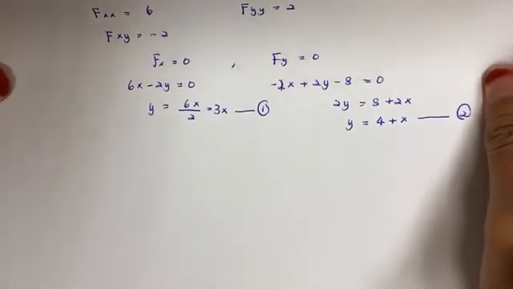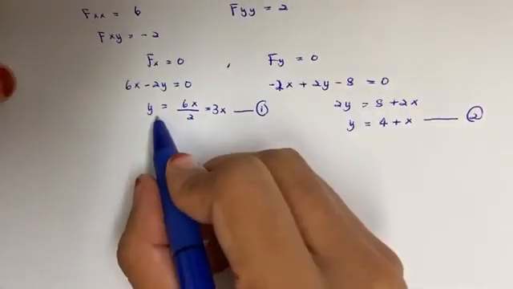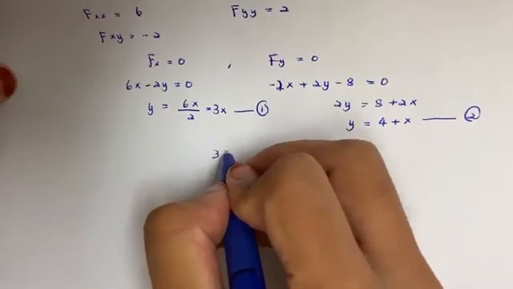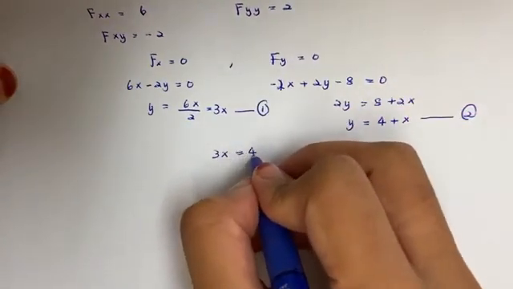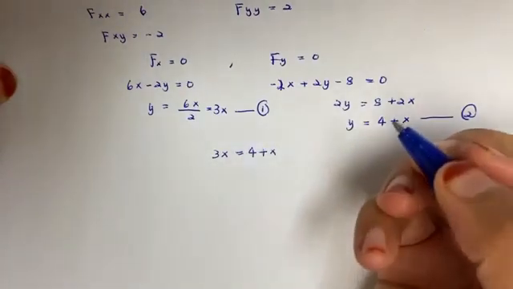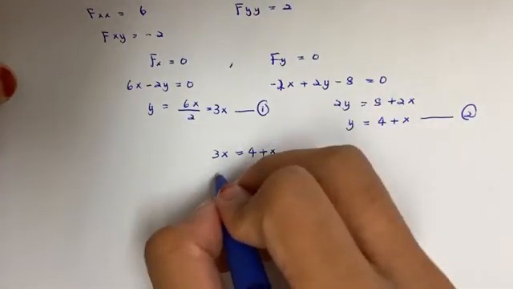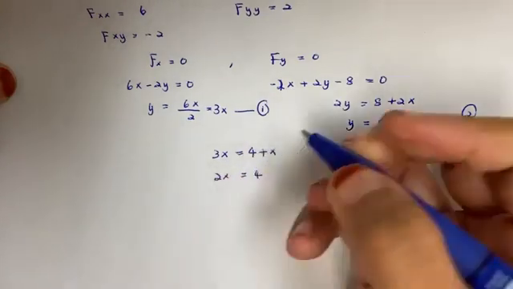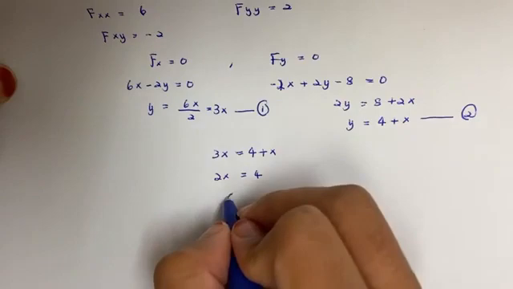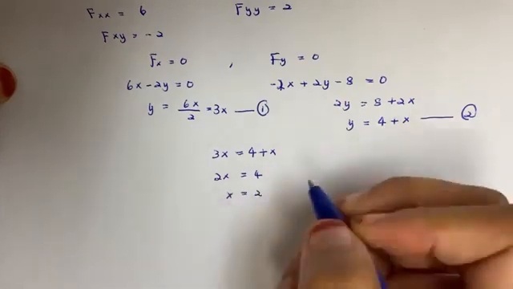Solve them simultaneously. So this is y equal to 3x, and you have another y equal to 4 plus x. Okay, from here, moving your x to the left hand side, you have 2x equal to 4. Lastly, you have x equal to 2.